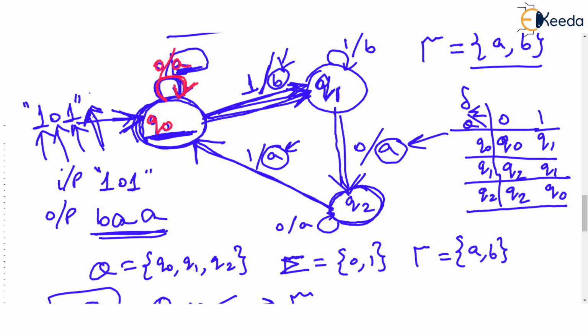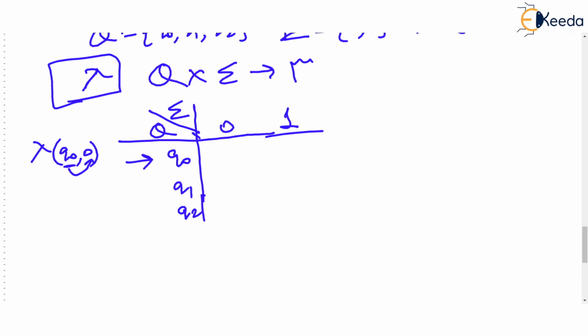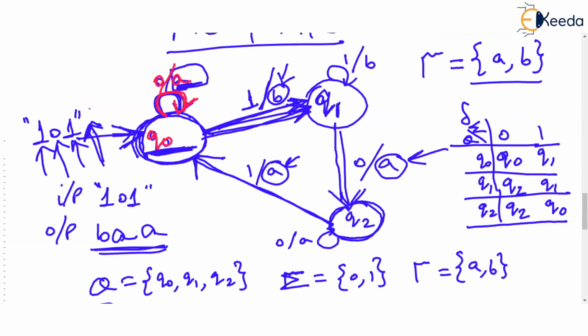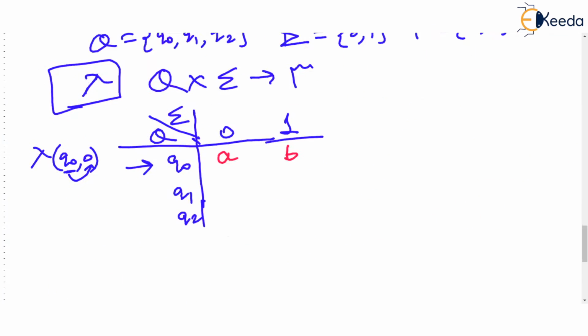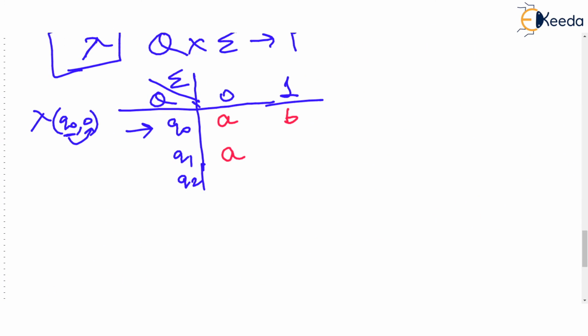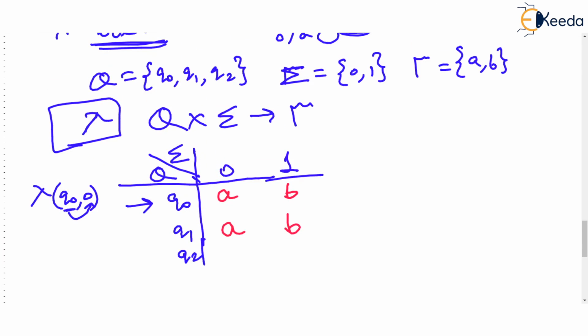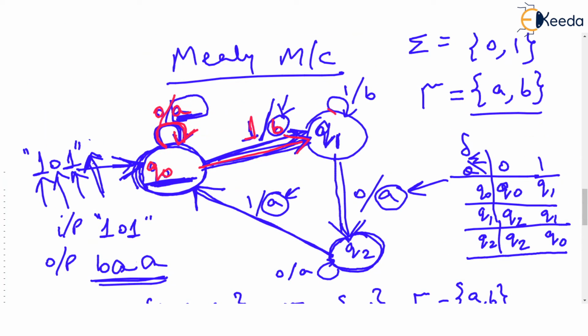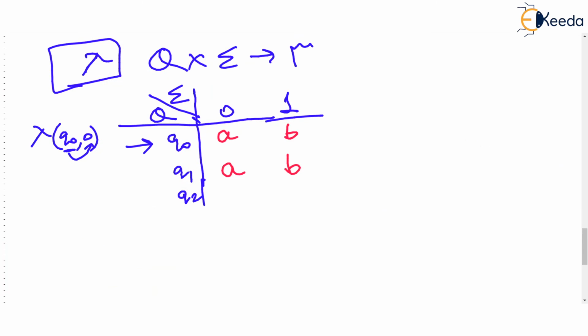So in this table, we will say when Q0 reads 0, it produces A. When Q0 reads 1, it produces B. You observe, when Q0 reads 1, it goes to Q1, fine, but it produces B. Similarly, when Q1 reads 0, it produces A, and when it reads 1, it produces B. Finally, Q2 reading 0 produces A, and reading 1 produces B. This is the output function.